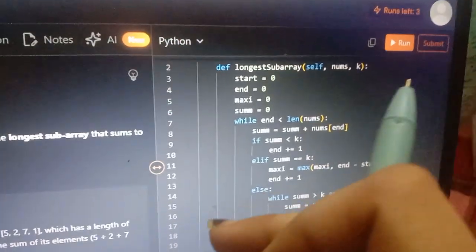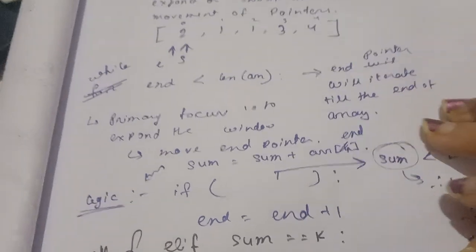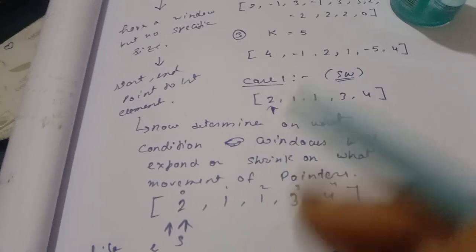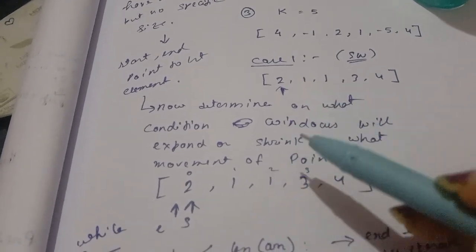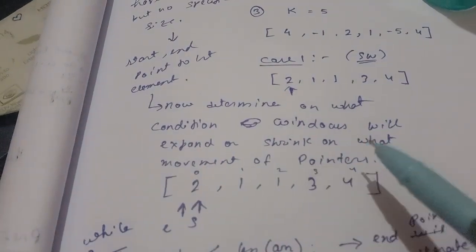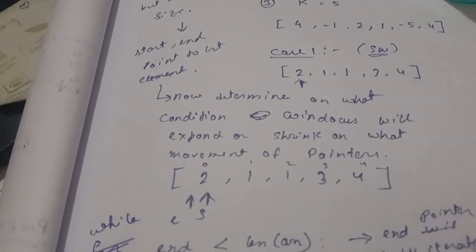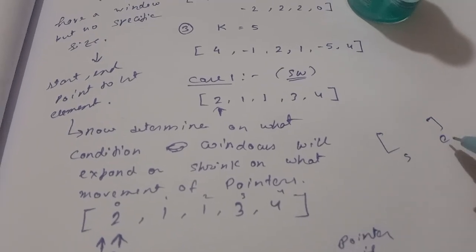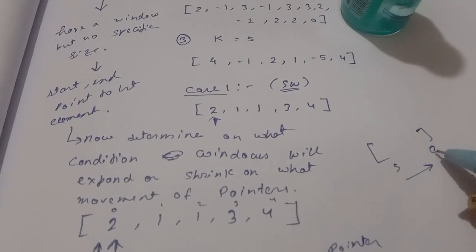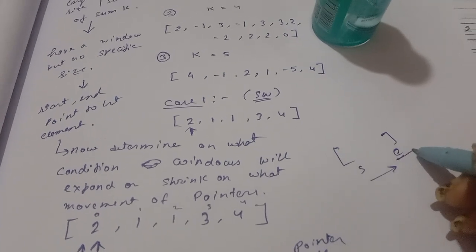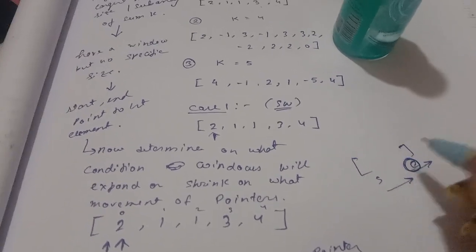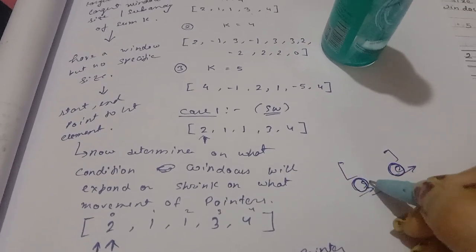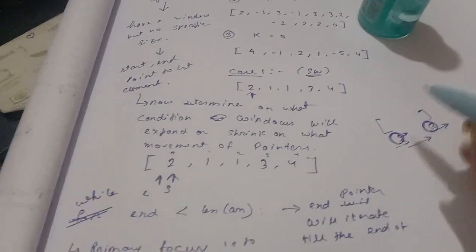Many times, as a beginner, confusion comes about which pointer to move in order to expand or shrink the window. The basic idea is that start is the beginning and end is the ending. So if we want to expand a subarray, we move the end pointer, and when we want to shrink a subarray, we move the start pointer. This is the main concept.